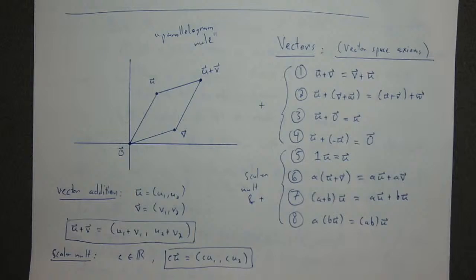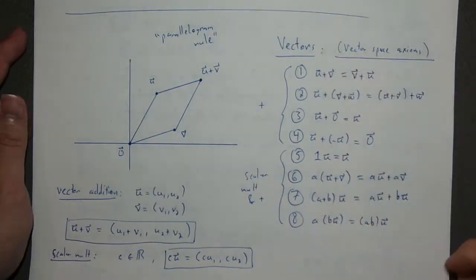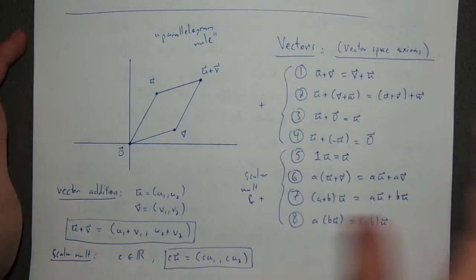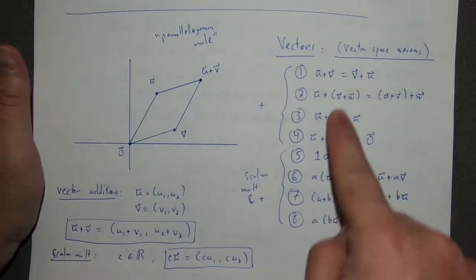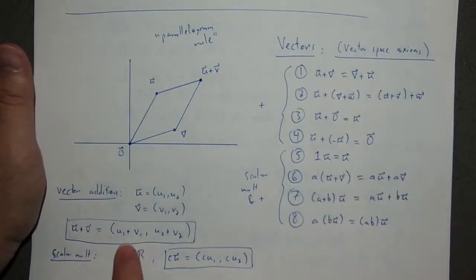Okay. And now it turns out, of course, that for vectors in R2 defined in this way, these two operations satisfy the following list of 8 axioms. So one is, it doesn't matter what order I do the vector addition. Note that this is inherited from the fact that the reals satisfy this.